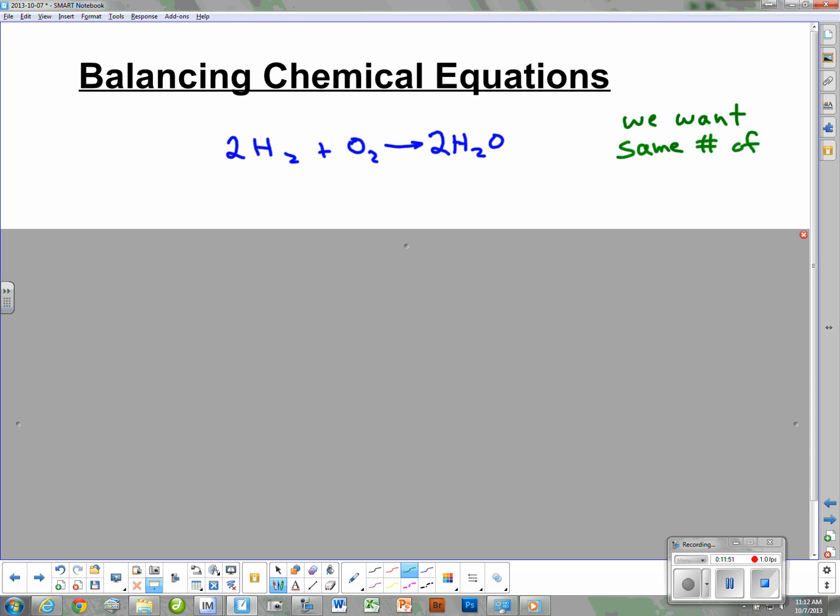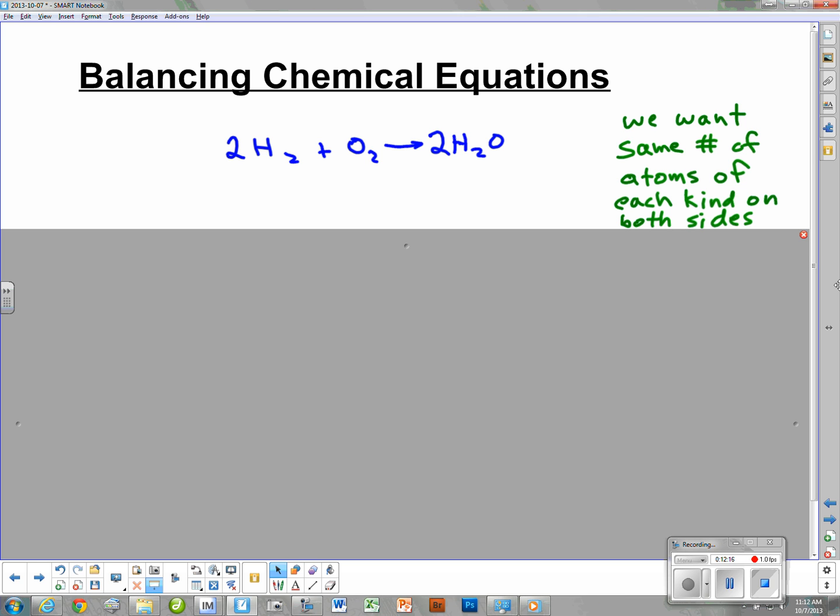Same number of atoms of each kind on both sides. So that's what it's all about.